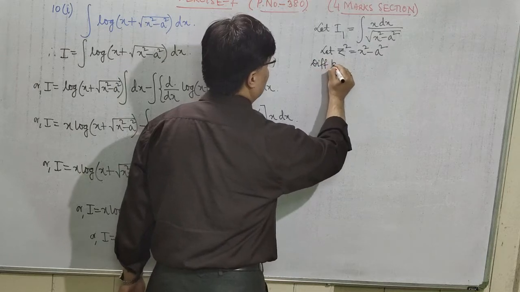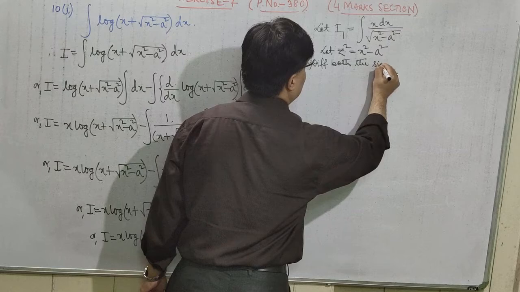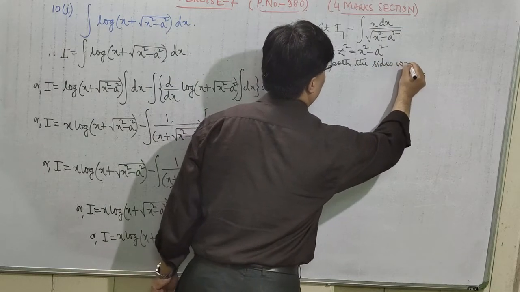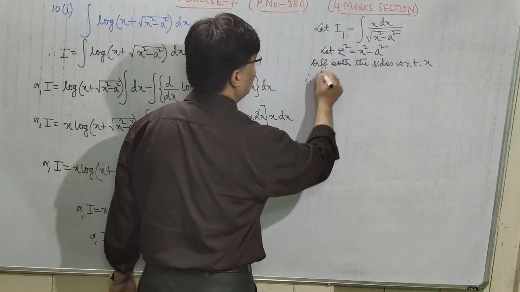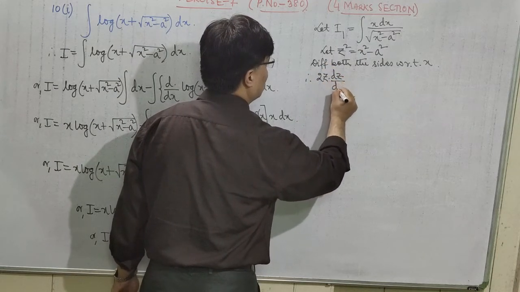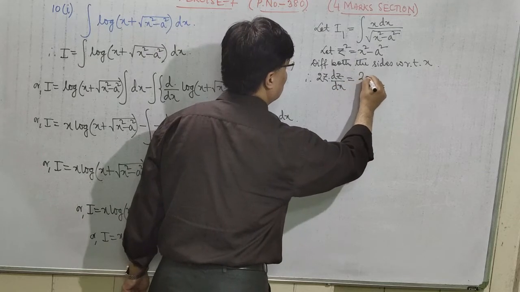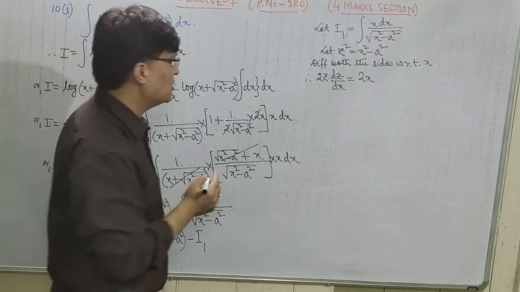Let us write, differentiating both the sides with respect to x. What is the differentiation of z square with respect to x? 2z dz by dx is equal to 2x only, because a square is constant, so its differentiation is 0.